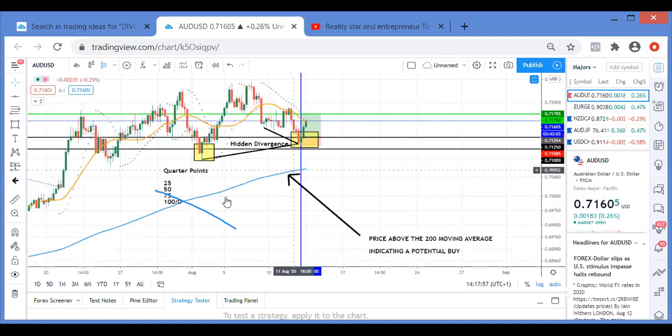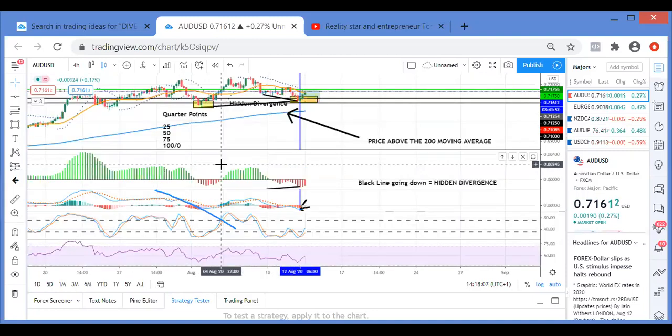So one, it was above my 200, and look, this low is higher than this low, and the previous low. How do I know? My MACD tells me everything. My MACD is my best friend. Look, this red here signifies my low. This red here signifies my second low.